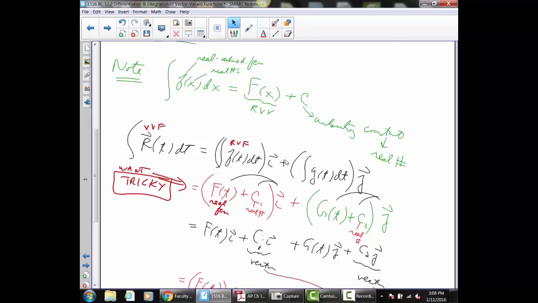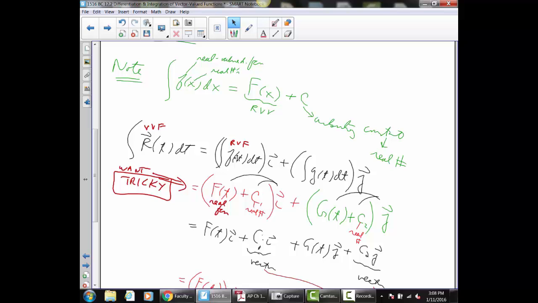Now, there's a little bit of a tricky thing here. If you pretend that the integral of little f of x, a real valued function evaluated at real numbers, is equal to big F of x, another real valued function, plus c, which is an arbitrary constant, that's the normal thing that we do. What's going to happen here is that the integral of r of t dt is the integral of f of t dt times i plus the integral of g of t dt times j.